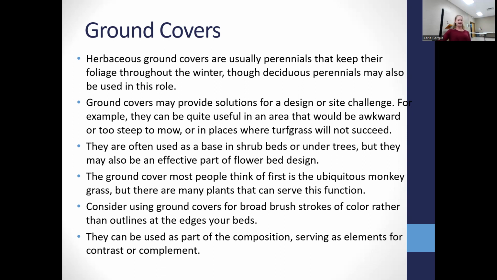Monkey grass, that's usually what people think of first. And it's just my opinion. Some people may love monkey grass. I think it's invasive and it's hard to get rid of. Monkey grass, and there's another one. It's called a silver grass.